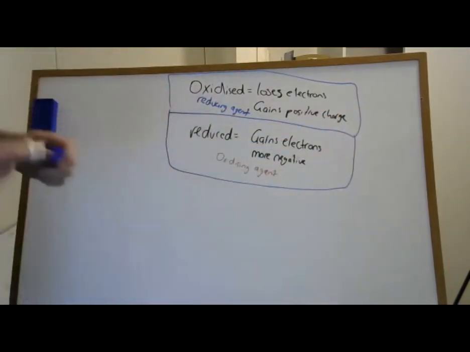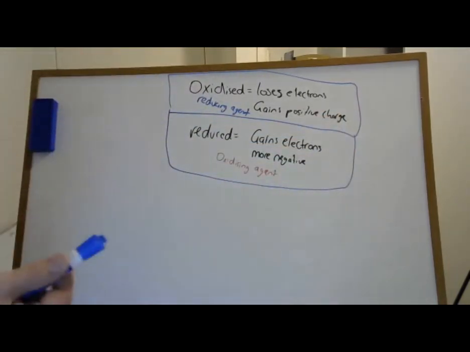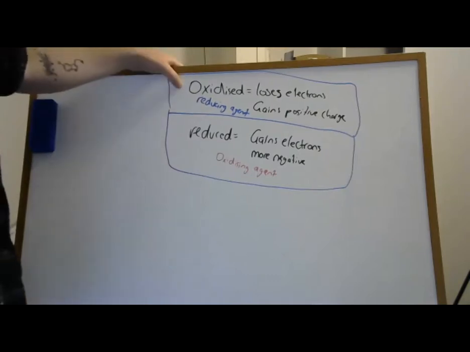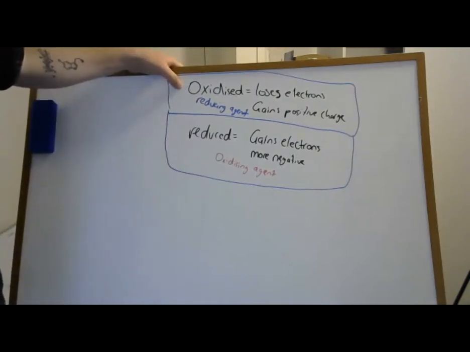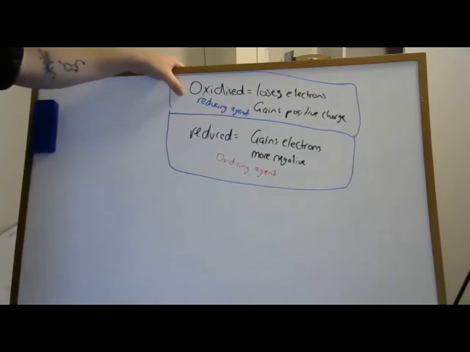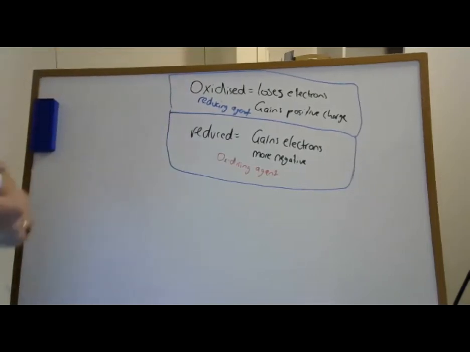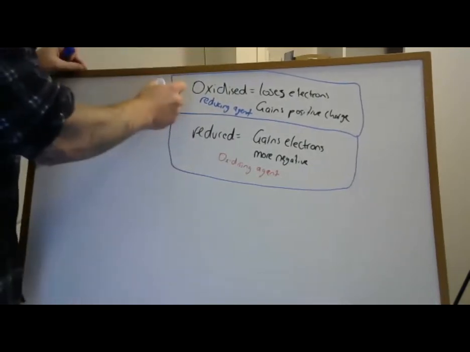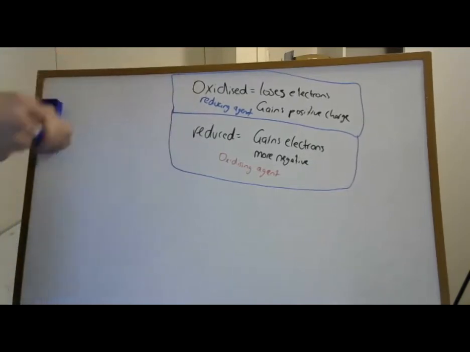So the reducing agent is the one that donates the electrons. And I'll show you as we go down how we actually figure that out from a chemical reaction.